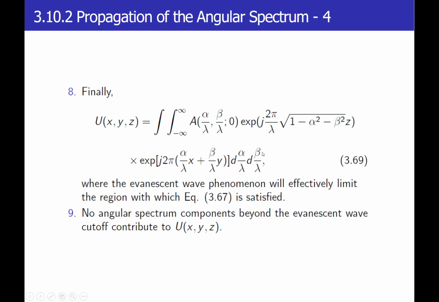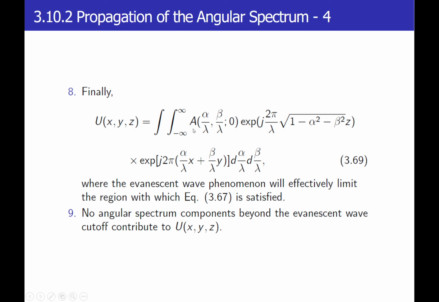So what we know is that once we know the angular spectrum at the z equal to 0 plane, with this propagation factor, which we call the transfer function, then as the wave propagates, we have to add this transfer function to get the arbitrary field at z.